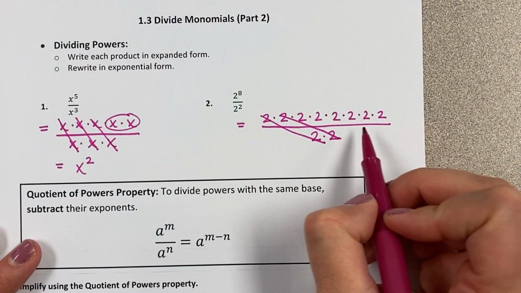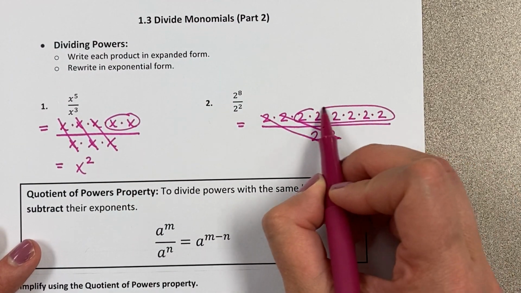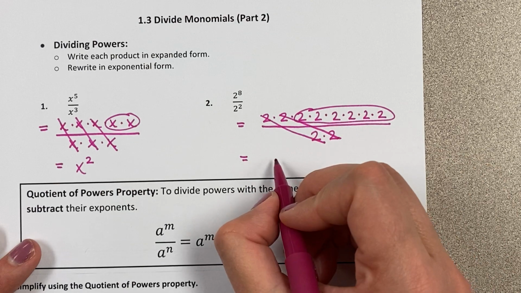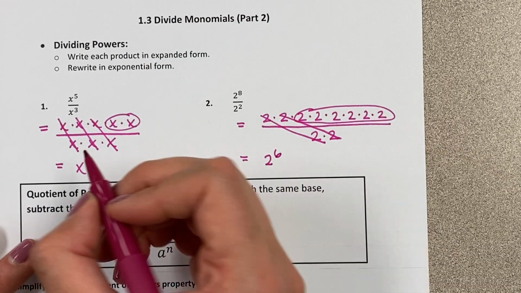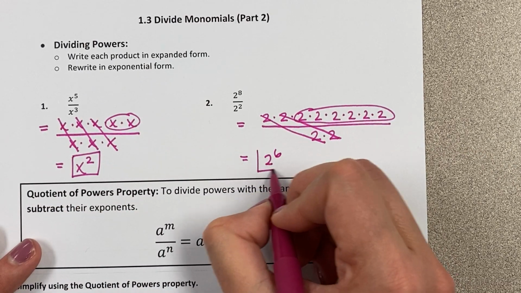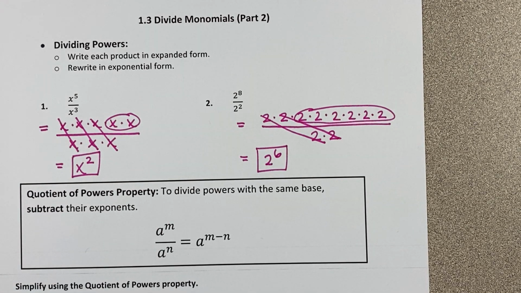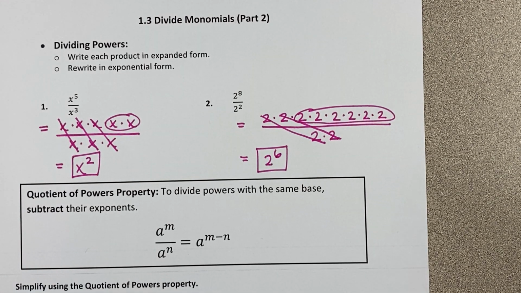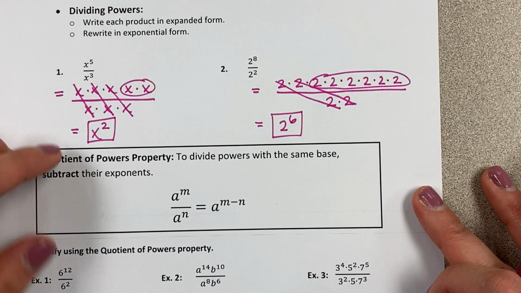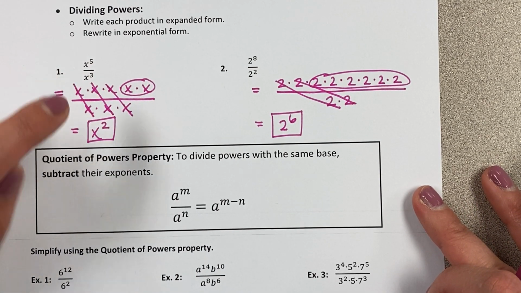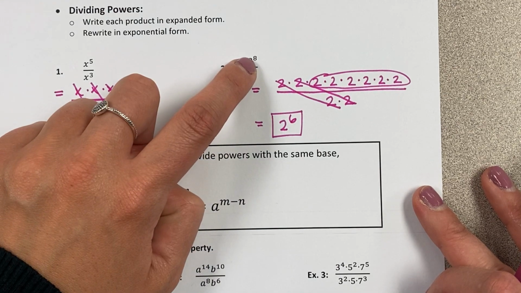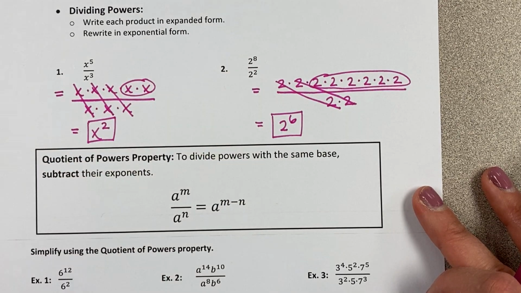We're left with 6 of them. So think about that for a second. How do we get to that point? Well, let's take a look. 5 minus 3 is 2. 8 minus 2 is 6.